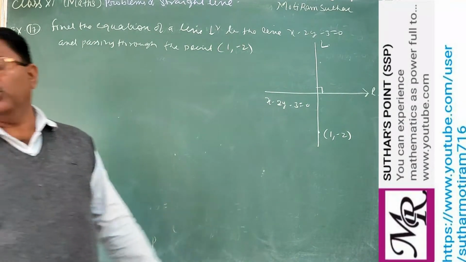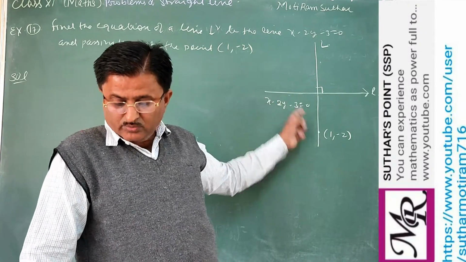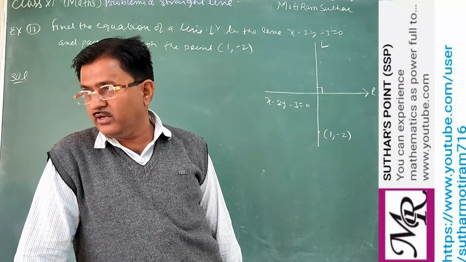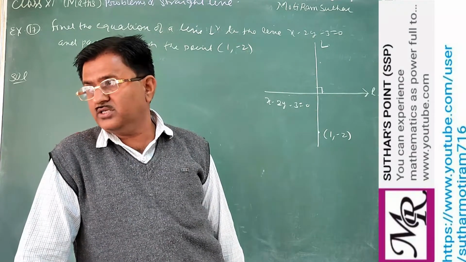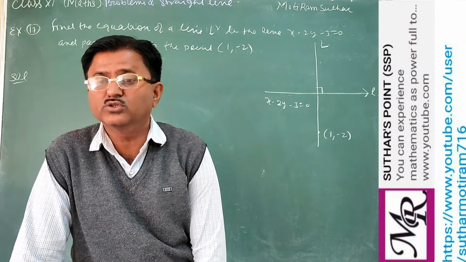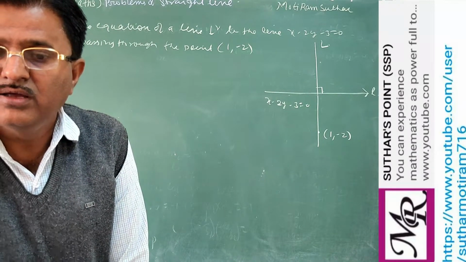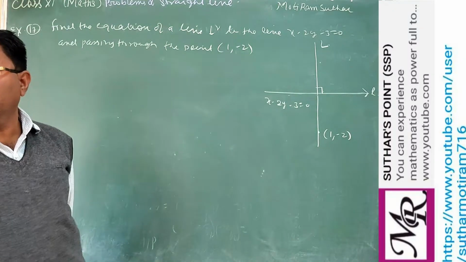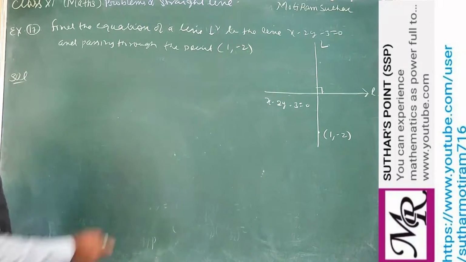You know that if two lines are perpendicular, then the product of their slopes is -1. Using this fact, one can find the equation of the required line. So the given line can be written in slope form.